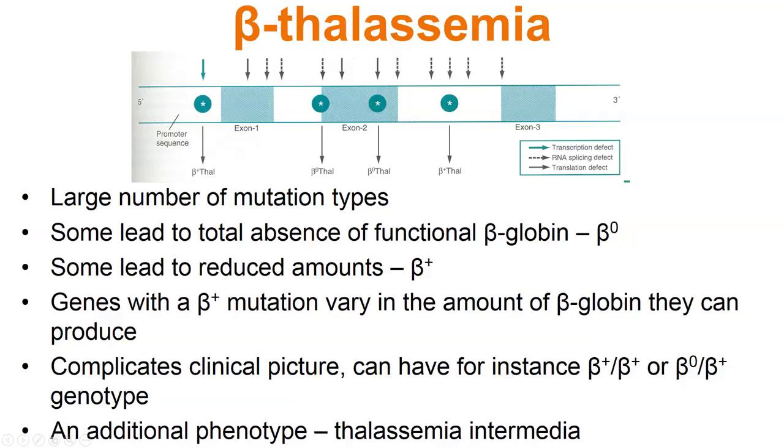Those are splicing defects. I also used it as the example of a disease where you could possibly have a promoter mutation. There's also your classic nonsense or missense mutations. So a bunch of different known mutations with beta thalassemia.